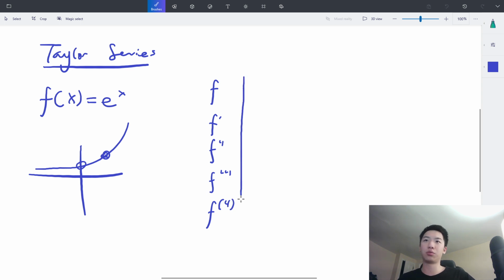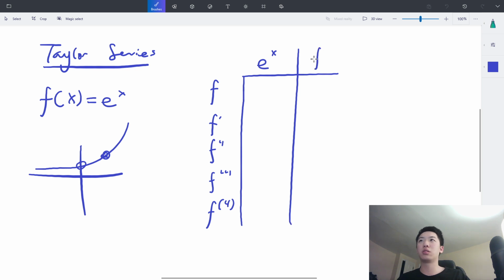Alright, so these are our rows, and then we're going to need e of x, and we actually do need the value at 0. So the basic function is e of x. First derivative is going to be e of x. I'm just going to write e of x for all of these.